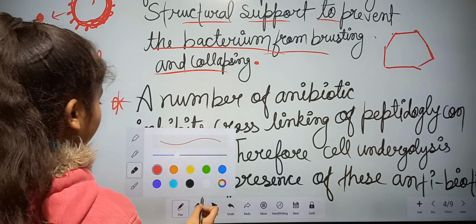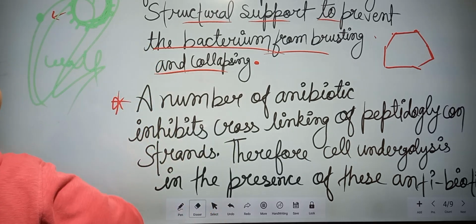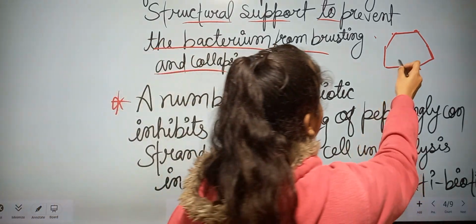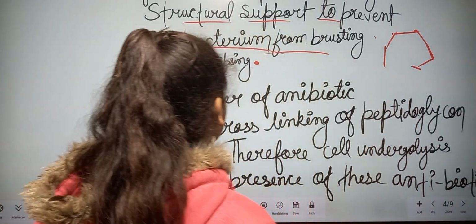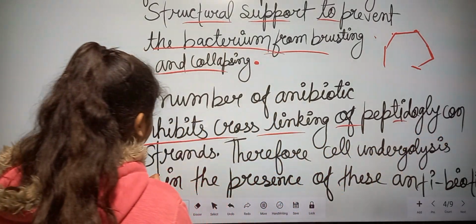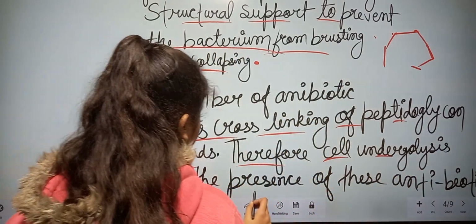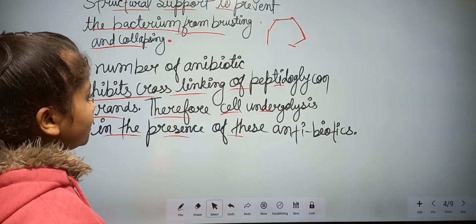Our third point is a number of antibiotics inhibit cross-linking of peptidoglycan strands, therefore cells undergo lysis in the presence of these antibiotics.